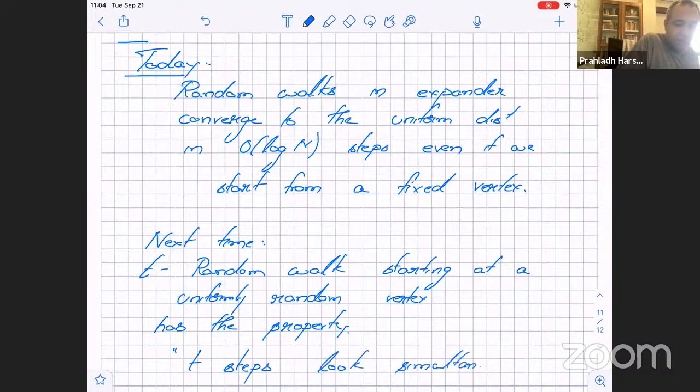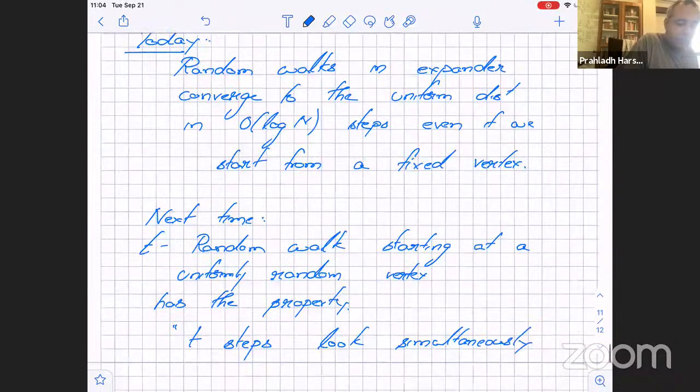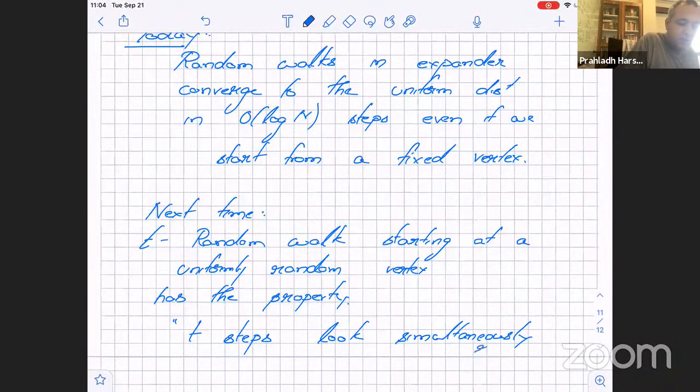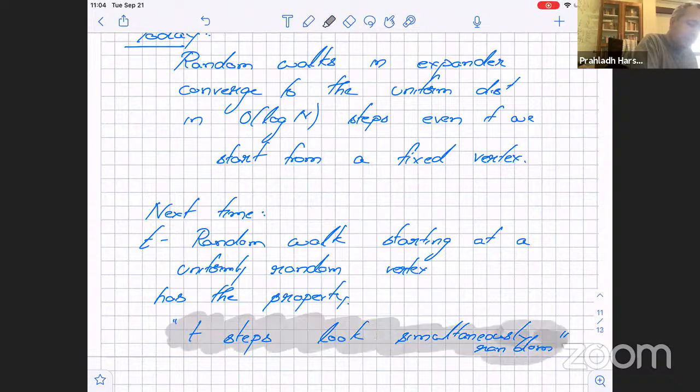It's not just that each marginally looks random, but they all simultaneously also look random. How we formalize this simultaneously random is what we will do next lecture, if it's a walk on an expander. Yeah, I'll stop with this.